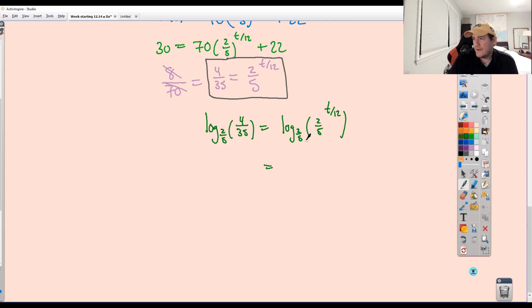You should know by now that the act of taking the log base 2/5, the whole point of that was to get the log to cancel with the exponential and just give us the power. So for sure, just go directly to t over 12 equals the log base 2/5 of 4/35. And hey, guess what? Just multiply by 12 and you're done. So when you multiply through by 12, you get a final answer of 12 times the log base 2/5 of 4/35.